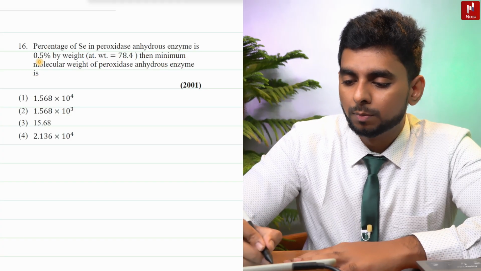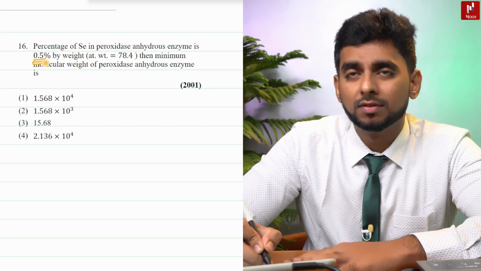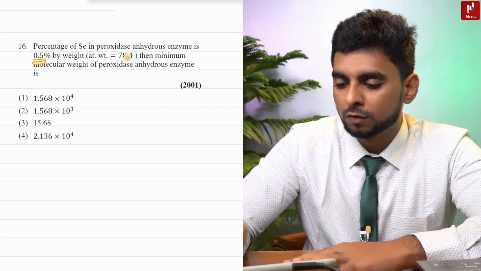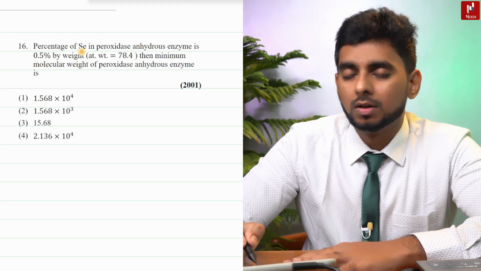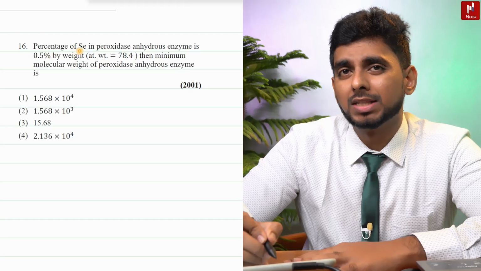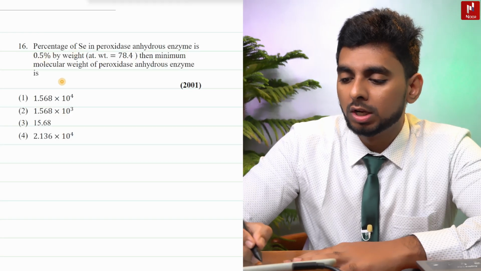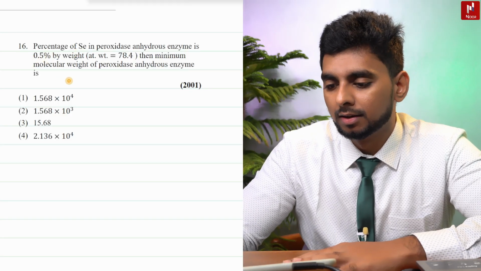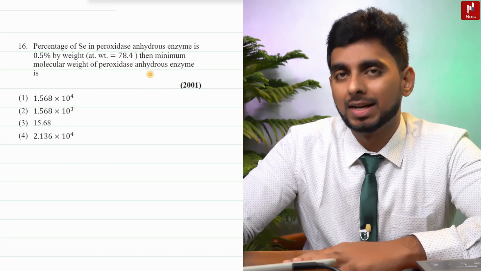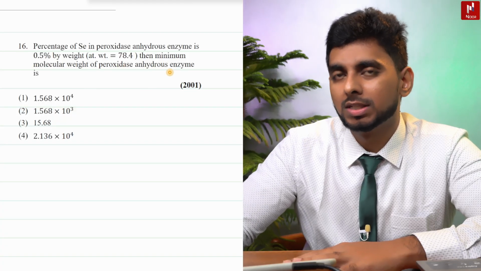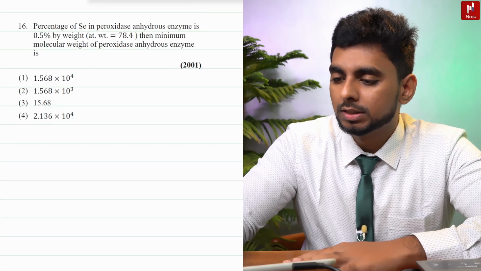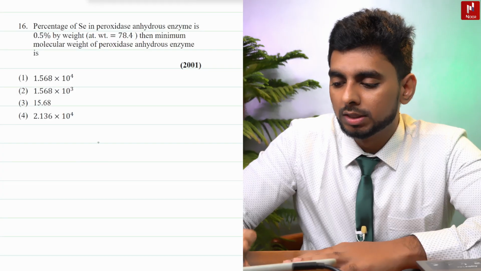So they have given you by weight 0.5 gram will be for selenium. Got it? If 0.5 is for the selenium, then what will be the molecular weight of that entire peroxidase anhydrase enzyme, right? So by ratio logic, I'll be able to do it. First, let me put it this way.